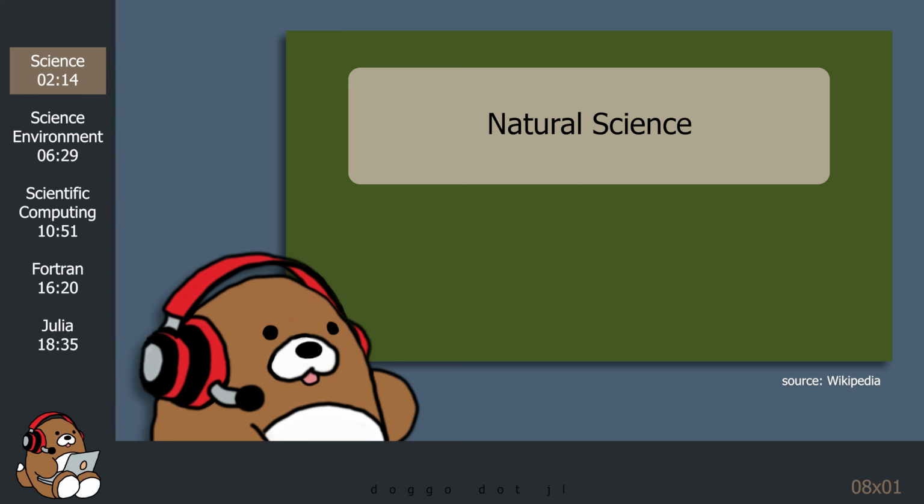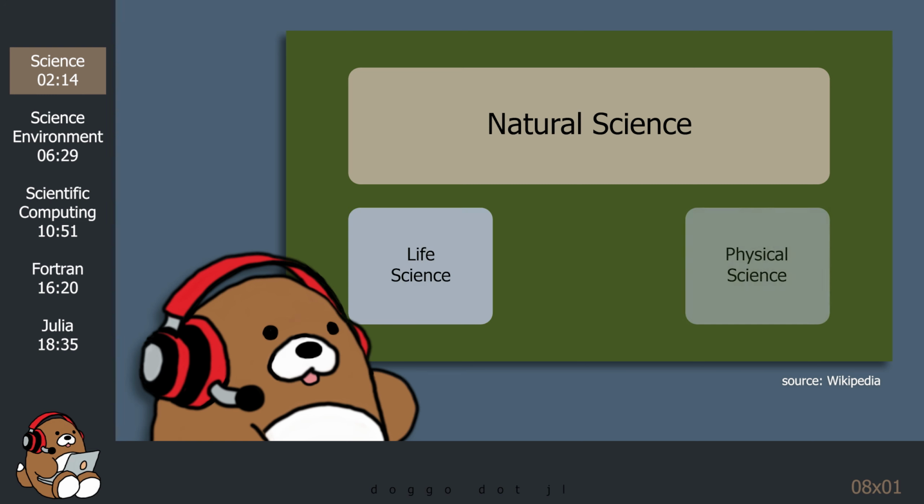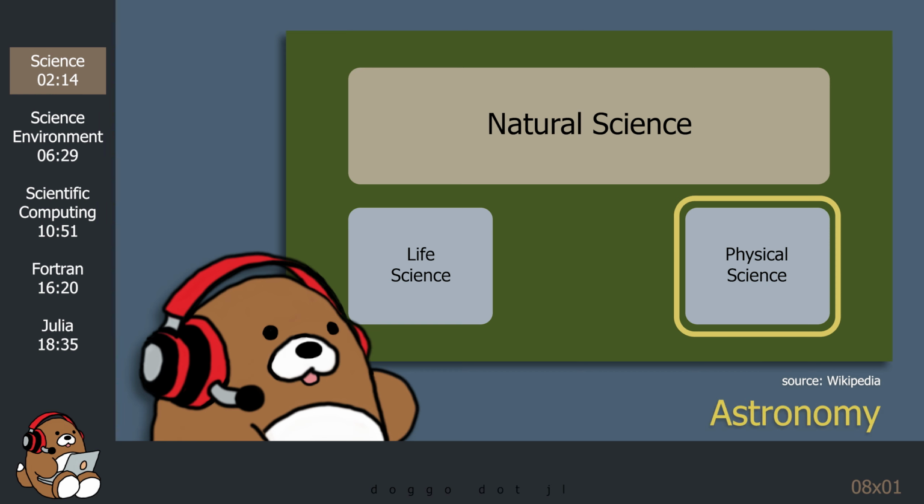It can be divided into two main branches: life science and physical science. These two branches may be further divided into more specialized disciplines. For example, physical science can be subdivided into physics, chemistry, astronomy, and earth science. Modern natural science is the successor to the natural philosophy that began in ancient Greece.